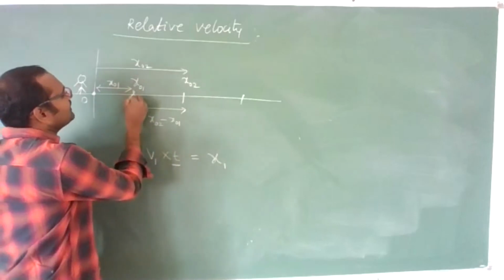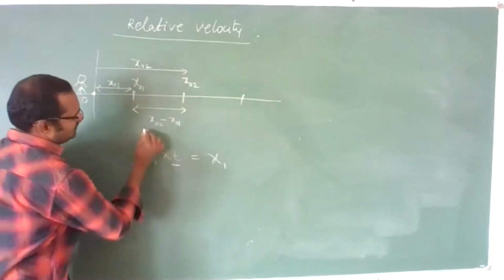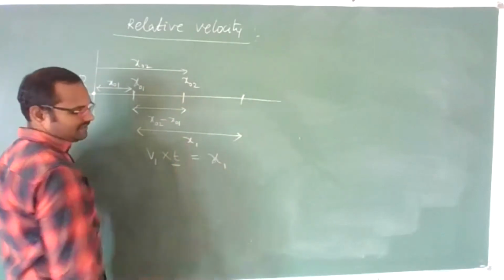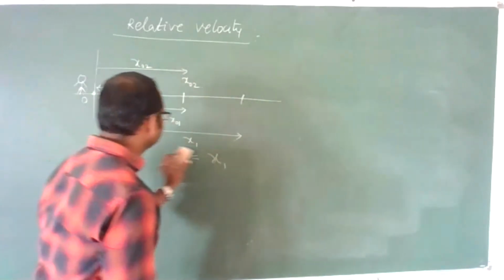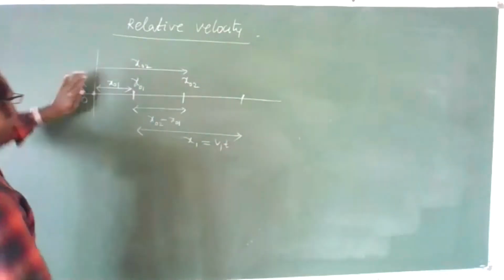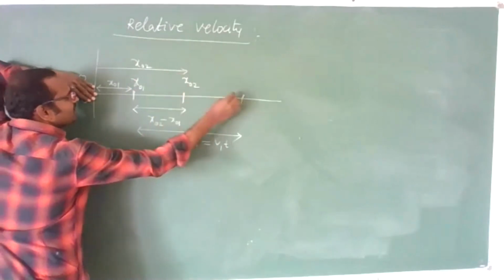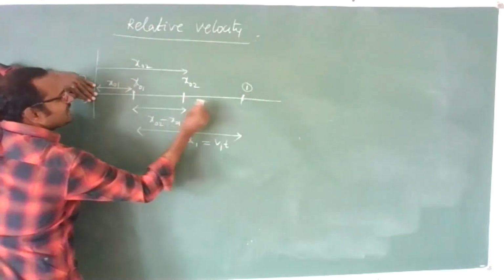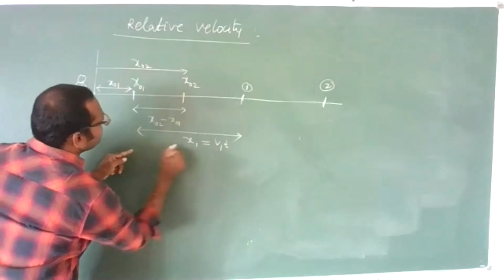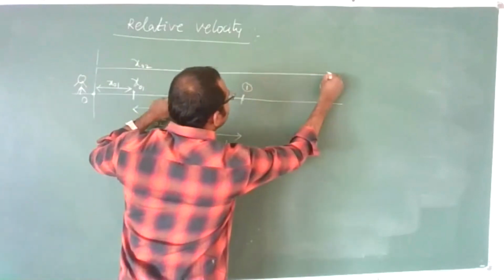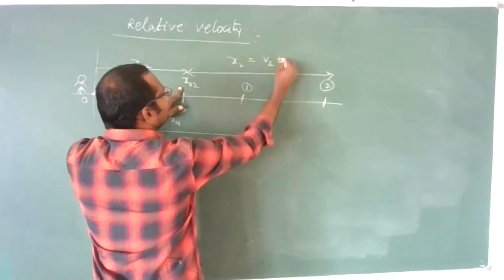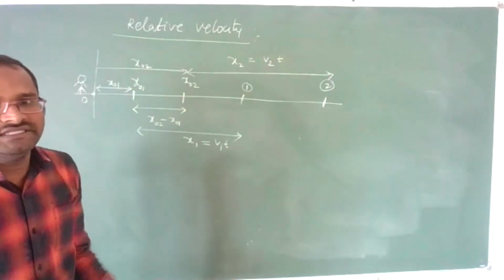From x01, the first car position is x1, that is nothing but v1t. After some time, I am observing from here: the first car appears to be here, and the second car appears somewhere else. Its distance is x2, which will be equal to v2 into t. I am giving it a different velocity, v2.